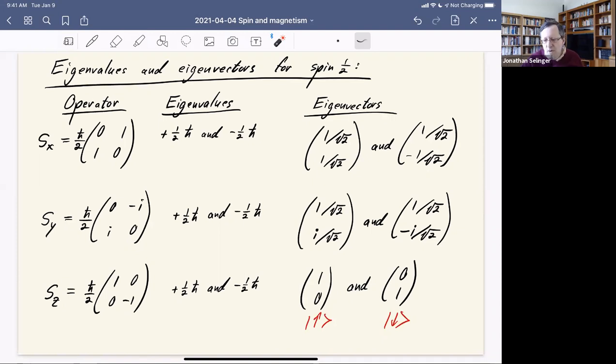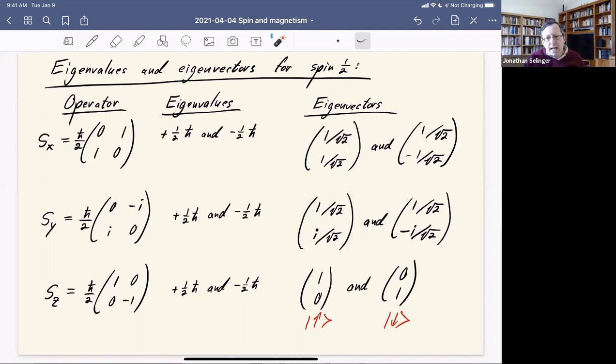So when you see in a problem that, say, a particle has its spin in the plus y direction, that means the particle is in this state.